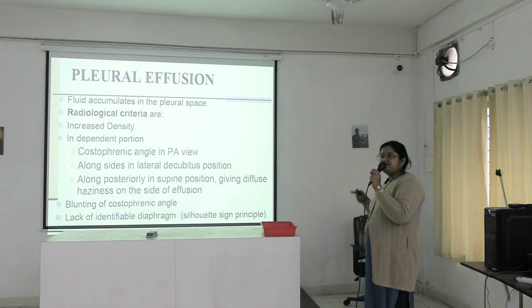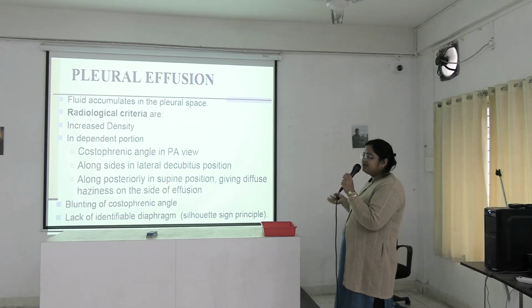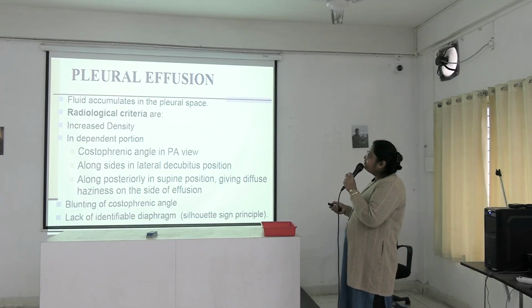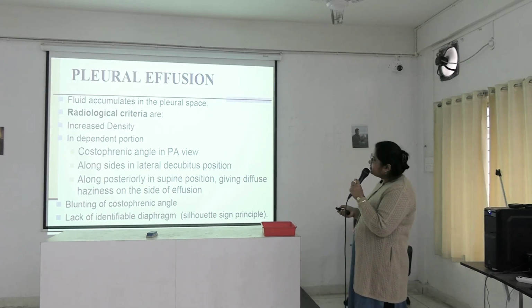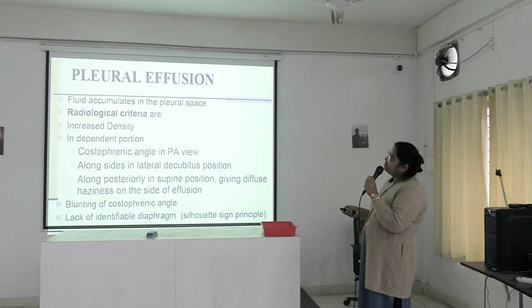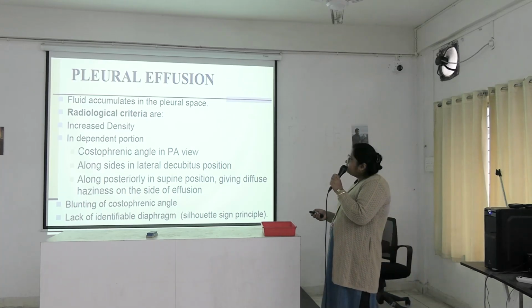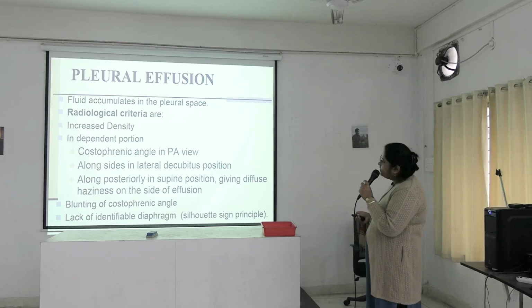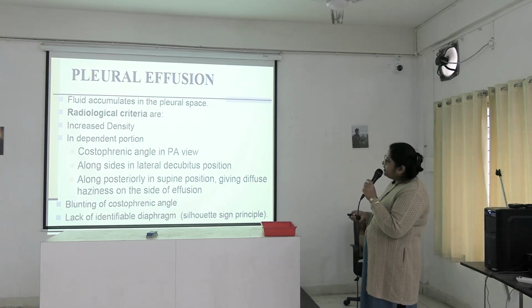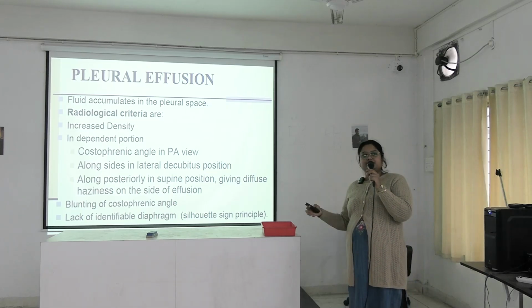Next, pleural effusion, a very frequently given abnormal X-ray. Fluid accumulation in the pleural space. Radiological criteria will be increased density in dependent position, at the costophrenic angle in the PA view, along the sides in lateral decubitus position, and posteriorly. The fluid will accumulate in the dependent position.